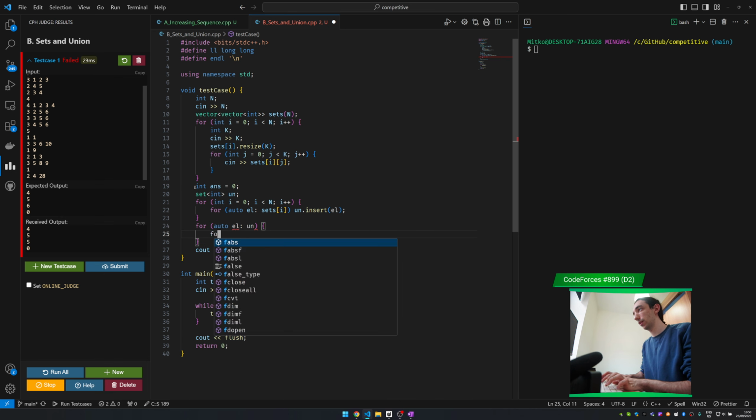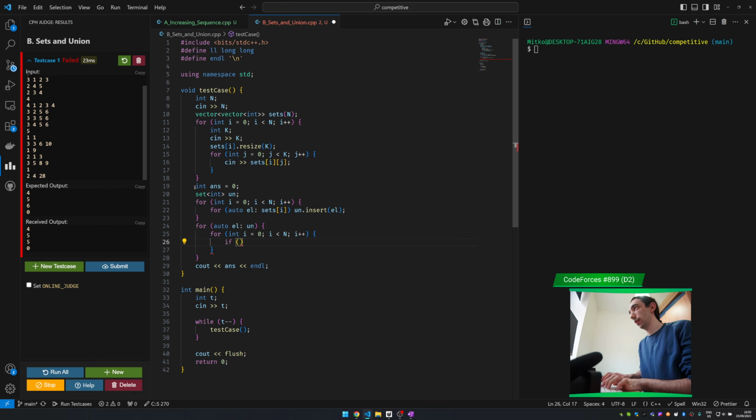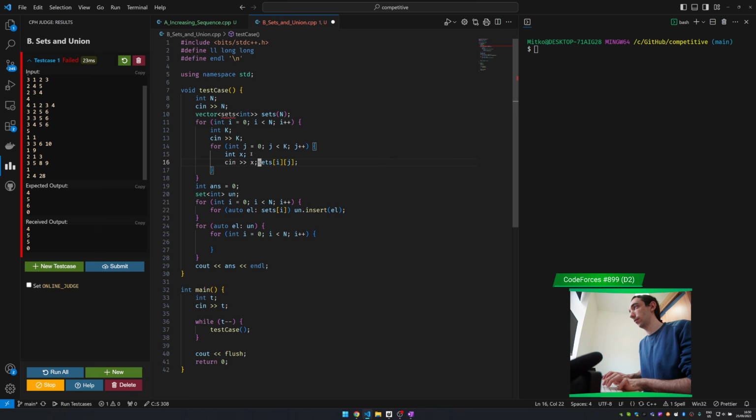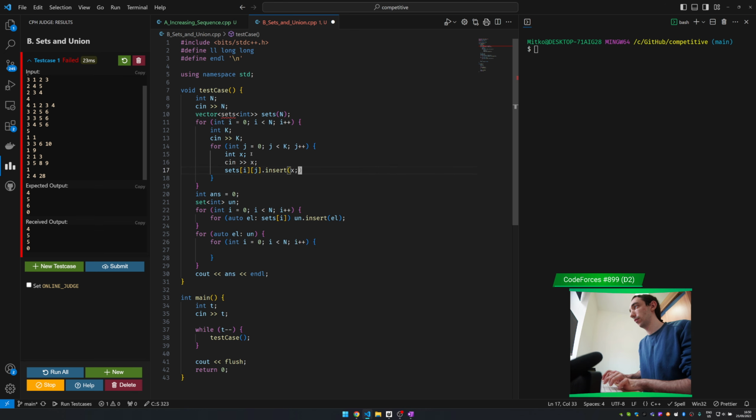For each of the elements in the union, what sets do I need to remove if I don't want it to be there? If so, sets, for each of the element, if union dot if sets at i.